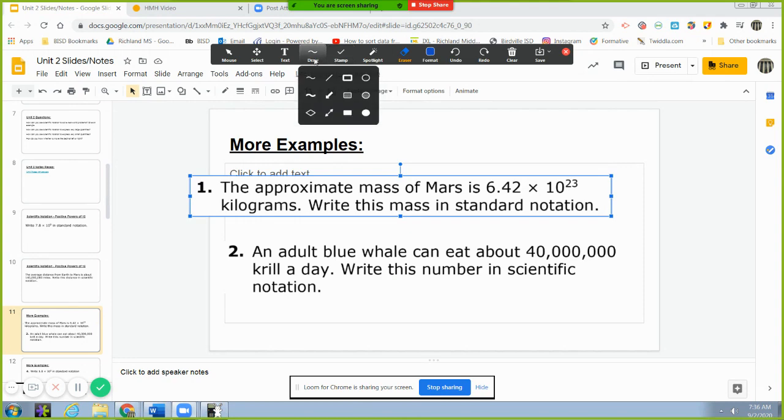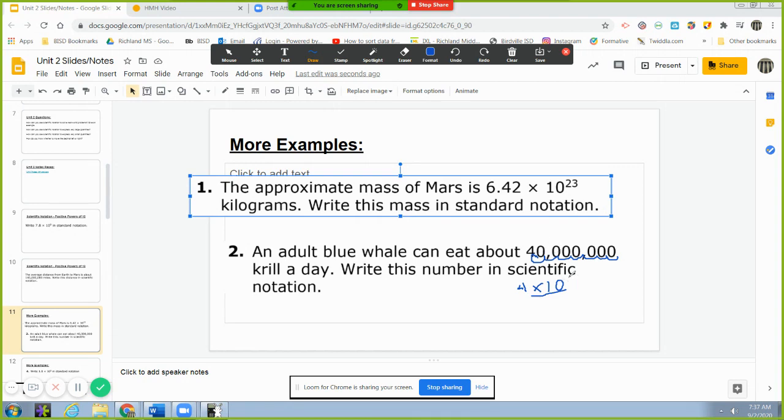So let's make this into scientific notation. So we're going to start here. We're going to go back 1, 2, 3, 4, 5, 6, 7. Right there, right before the 4. So 4.0 times 10. This is always the same. It's always going to be times 10. 1, 2, 3, 4, 5, 6, 7.